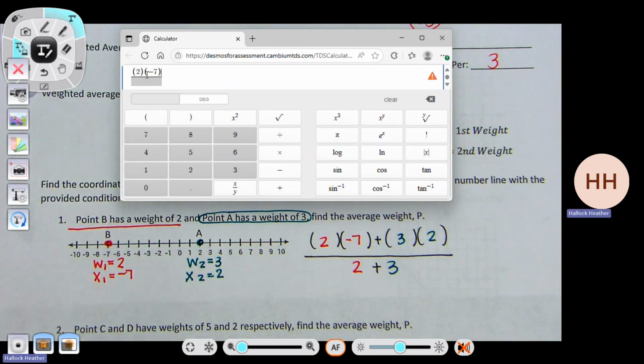Did you find it? Is that right? Yeah. -1.6.